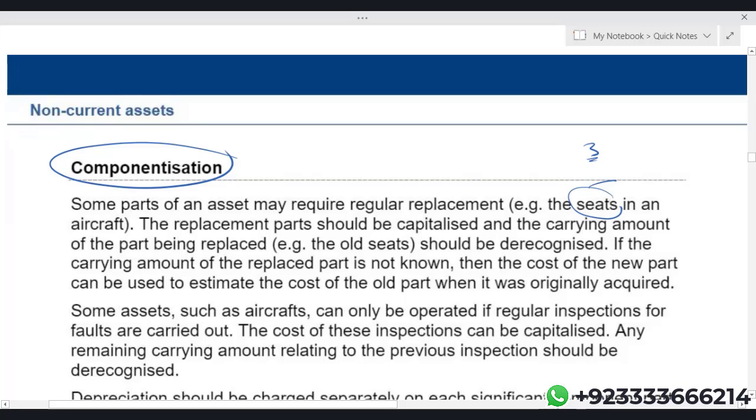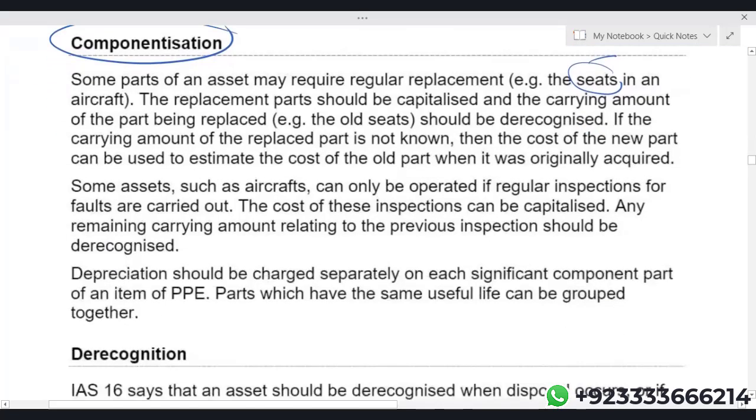Assuming, according to the Civil Aviation Authority, after every 3 years your aircraft needs a major inspection, and that inspection will cost, say, $3 million per aeroplane. You have to bear that $3 million after every 3 years. So simply, that $3 million will be capitalized and depreciated over 3 years. Major inspections will be capitalized.